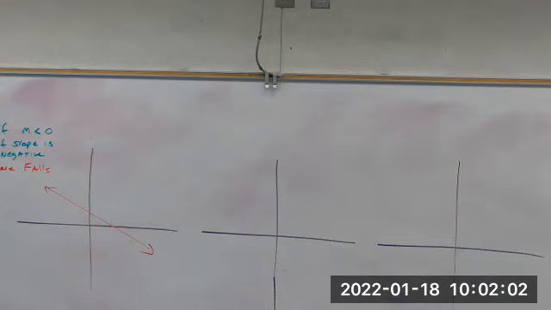Greater than 0, less than 0, what are we missing? Equal to 0. Numbers that are greater than, less than, and equal to.